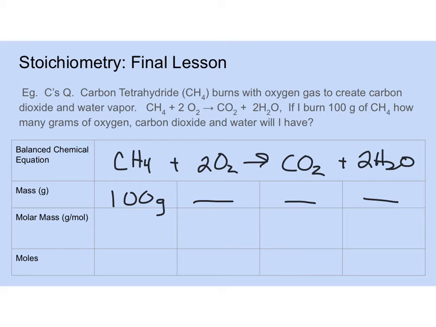We're at this point now where we're just doing the stuff we did in the last learning checks. Now I have to figure out the molar mass of all these things. So carbon tetrahydride, CH4, is going to be 16.05 grams per mole. 2 oxygens is going to be 32.